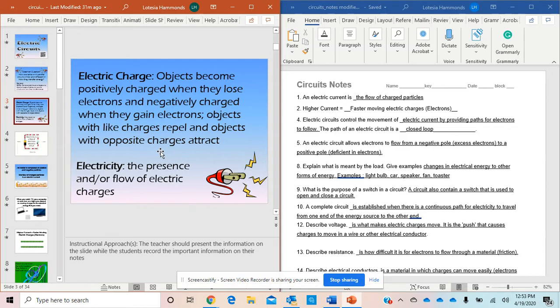If objects have like charges, positive to positive or negative to negative, they're going to repel. Objects that have opposite charges will attract. This is what we've discussed in our previous lesson. Electricity is defined as the presence and flow of electrical charges.